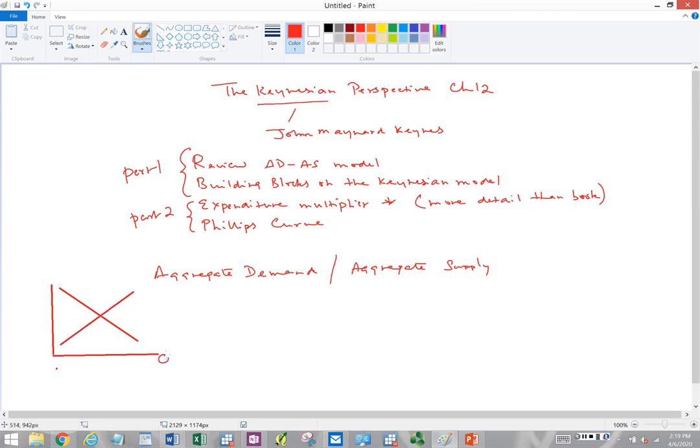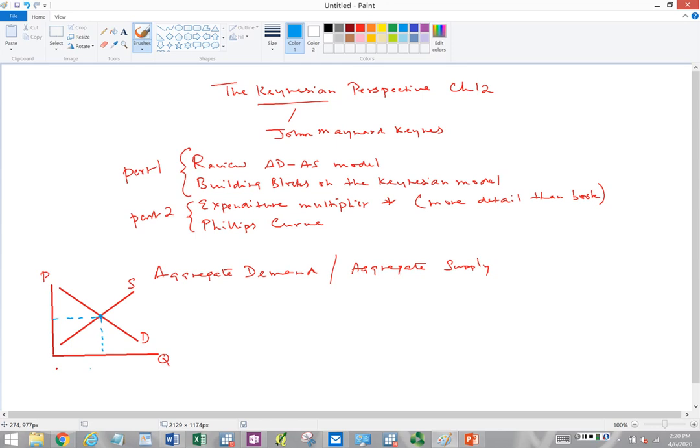So this is your quantity axis, that's the price axis, the market demand curve, market supply curve, and we have equilibrium in this market where the two curves intersect, so that gives us the equilibrium price and the equilibrium quantity.